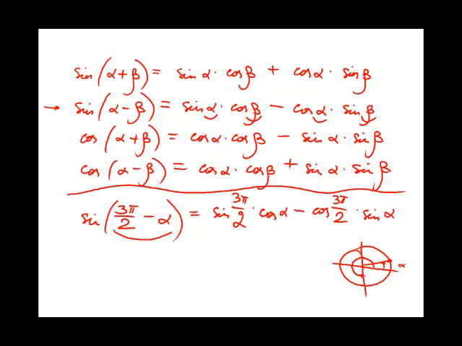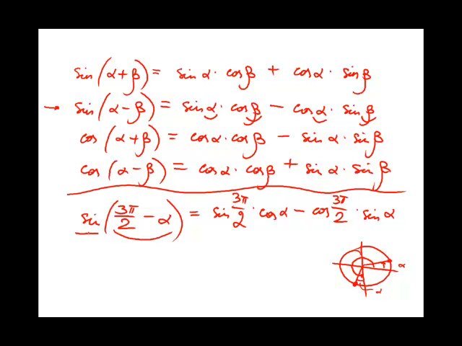That's 3 pi over 2. And let's go back by the angle alpha. We subtract angle alpha. We are here.